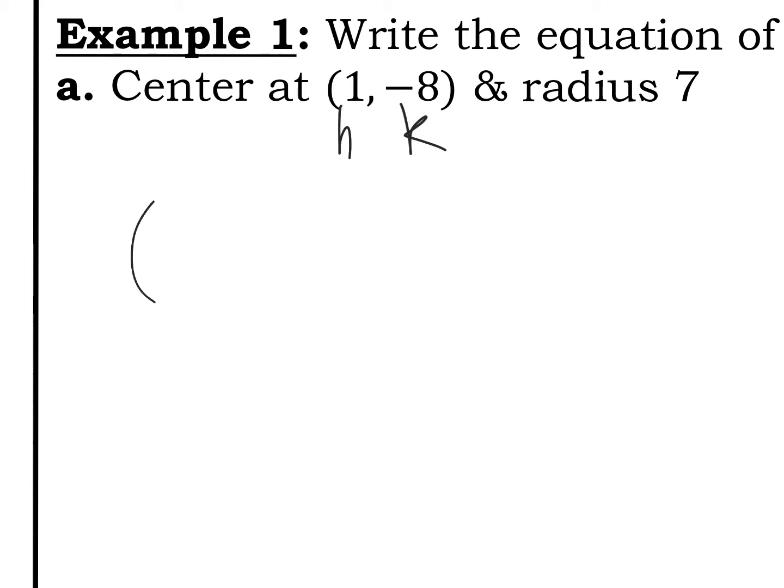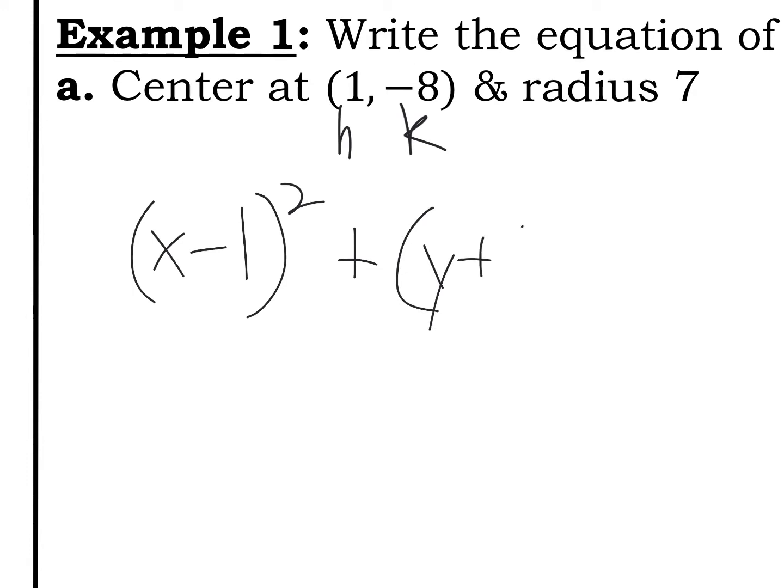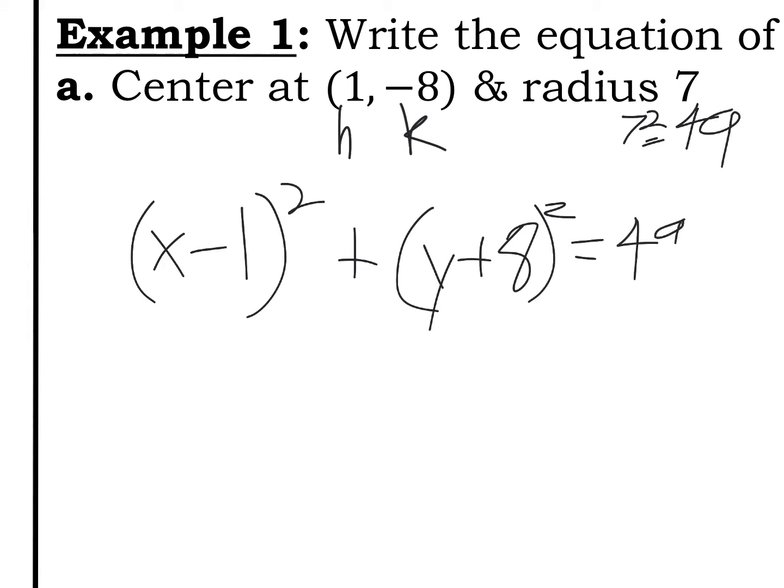You're going to go x, and then it says minus h, so you're going to say minus 1. Like I said, you can just think of it as flipping the sign. You have to square it, plus, and then y, if I flip the sign, I would say plus 8 squared equals, and then what's 7 squared? 7 squared is 49. So I'm going to say equals 49.